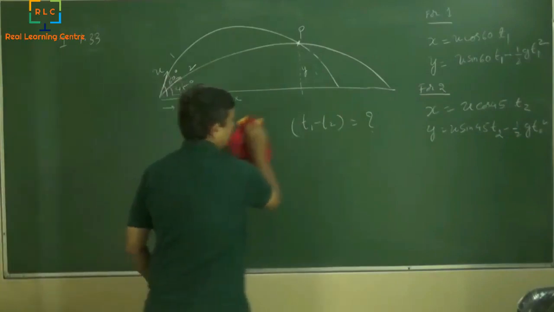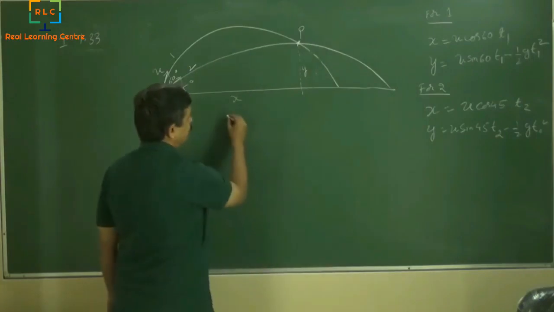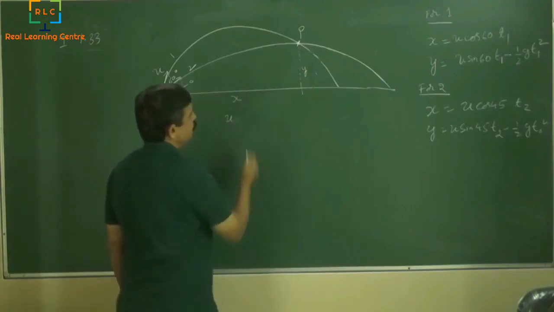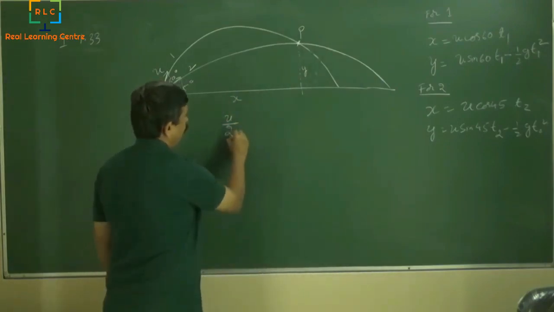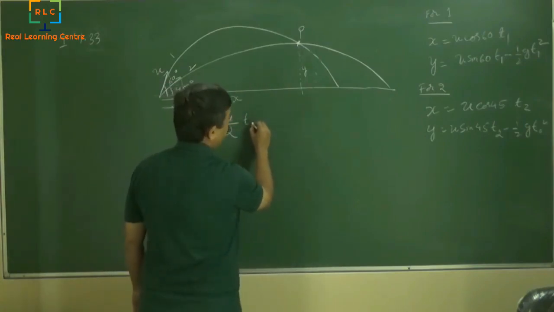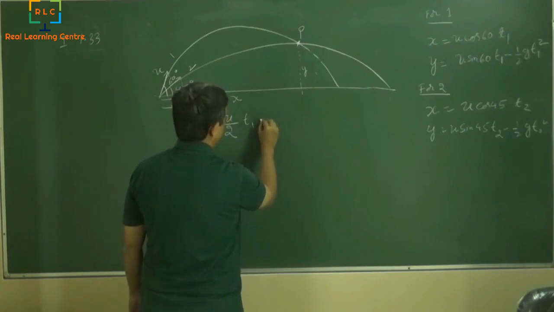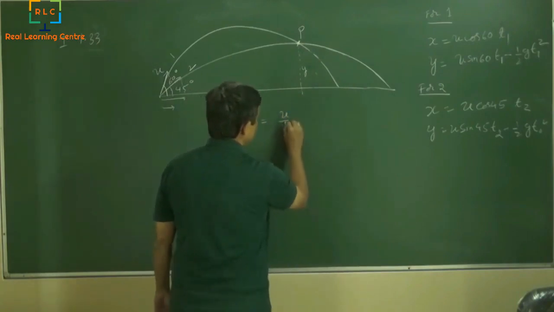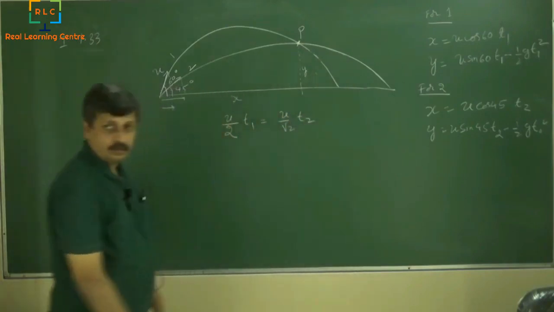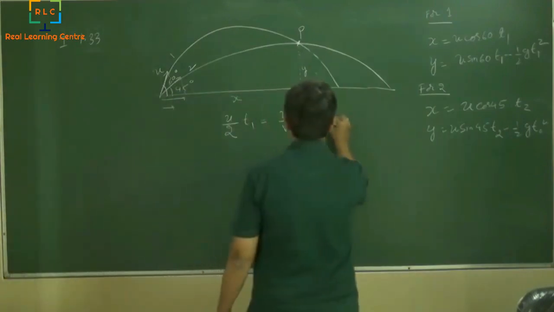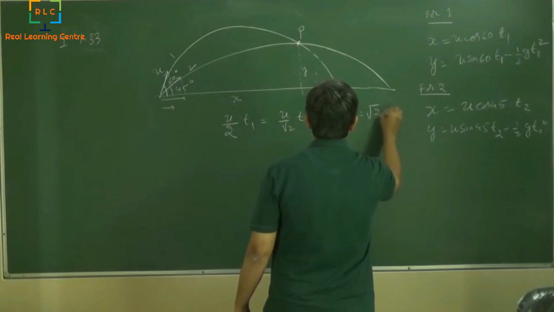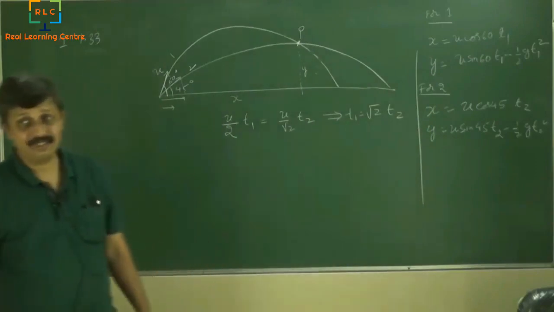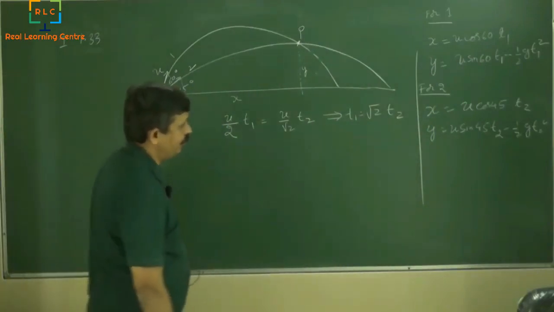So I will equate x's. u cos 60, cos 60 is nothing but half, so u by 2 t1 is equal to u by root 2 t2. So this directly implies t1 is equal to root 2 t2. The first equation is already over. The second one we'll see. Y will equate it.